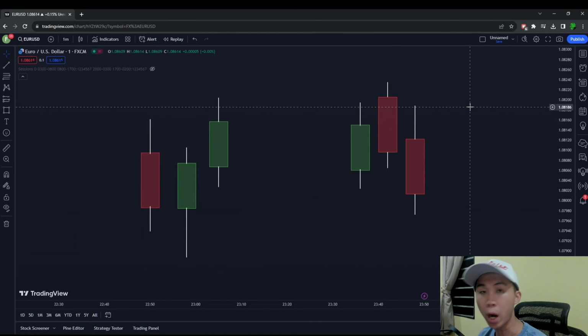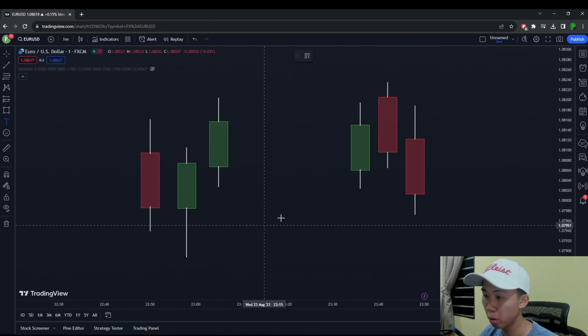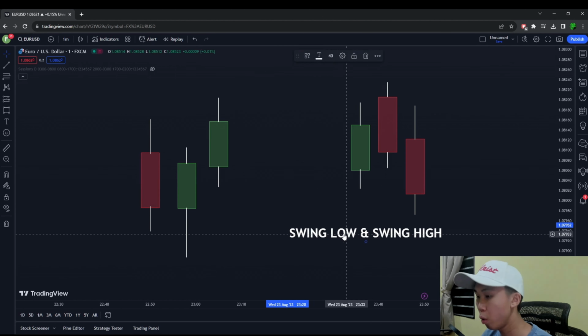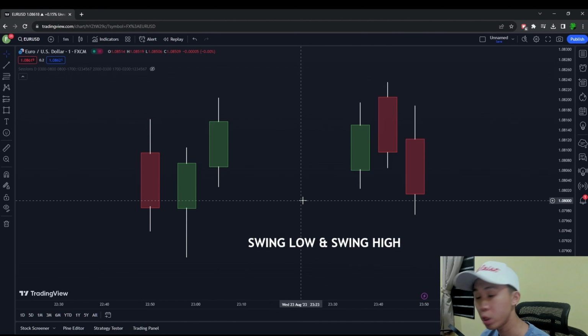Before we learn to identify buy-side liquidity or sell-side liquidity, we first have to learn about swing low and swing high. So let me type out swing low, swing high. What is swing low and swing high? A swing low or swing high is technically made up of 3 candles.